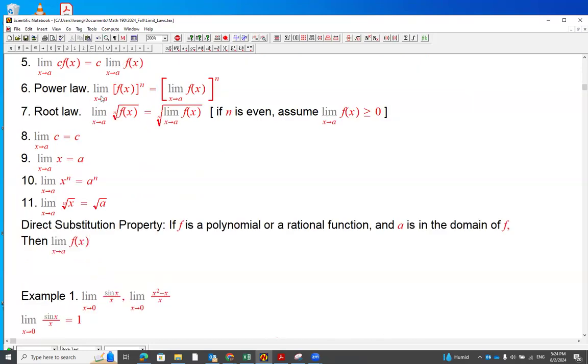Provided f is a polynomial or a rational function and a is in the domain, we can simply directly substitute.